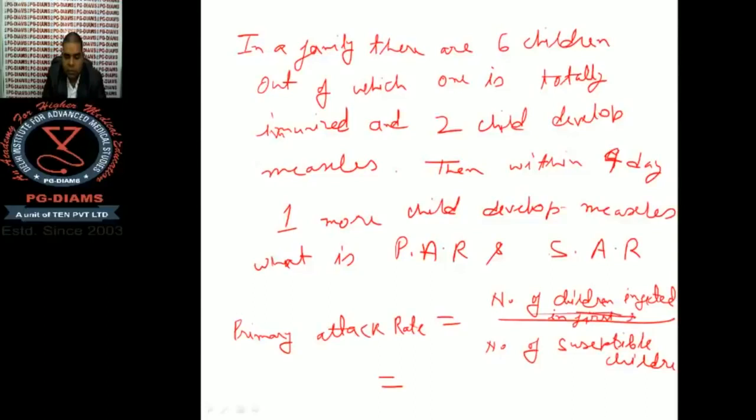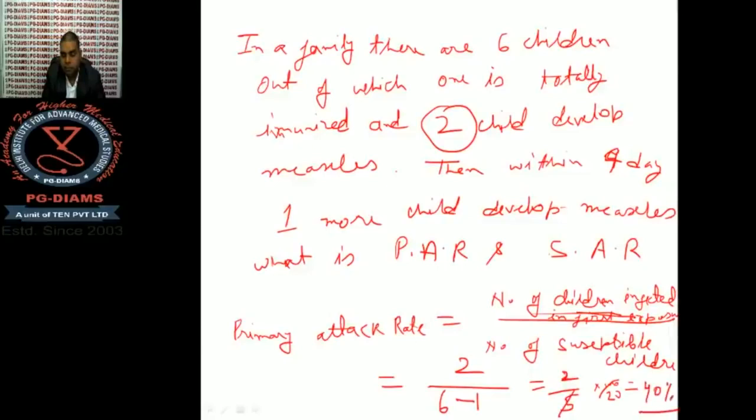In first exposure is the primary attack rate. So what is the number of children infected in first exposure? That is 2. Divided by number of susceptible children. What is the number of susceptible children? There are a total of 6 children, out of which 1 was immunized. So it will be 2 by 5. And if it is multiplied by 100, then we get the attack rate in percentage. So 2 by 5 is the primary attack rate. If multiplied by 100, then the primary attack rate will be 40%.